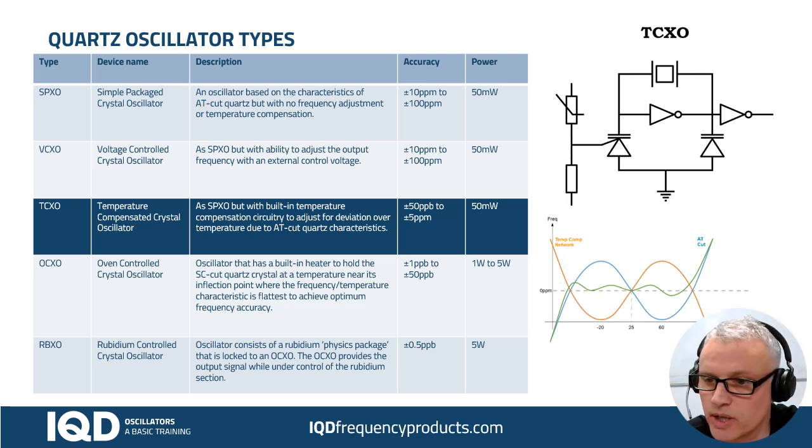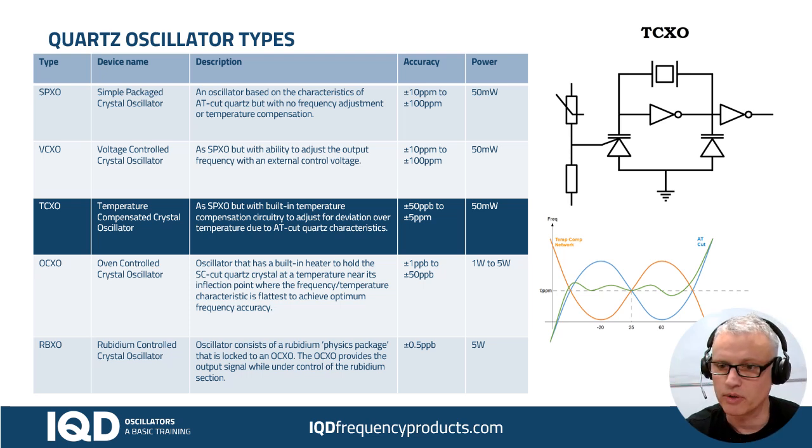If we look at the graph down there, we see the blue line, which is the AT cut crystal response, so that's the frequency over temperature response of the crystal, and we see an orange line, which is what we're trying to achieve with the temperature compensation network.